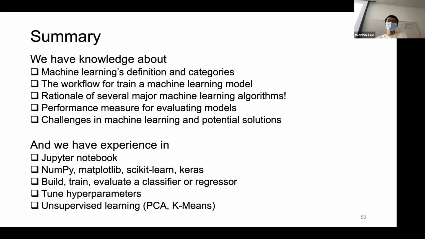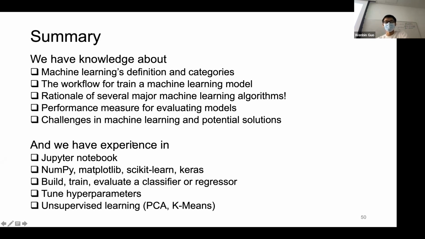After we know the performance measures, we can use them to decide which algorithm we should use. We also learned the challenges in machine learning, especially overfitting and underfitting, and what kind of solutions we have to address those issues.